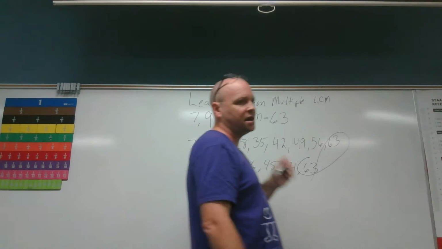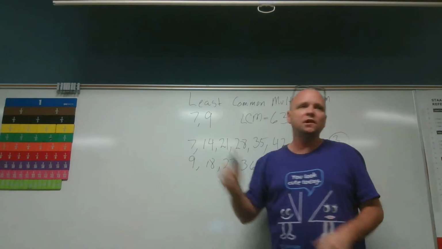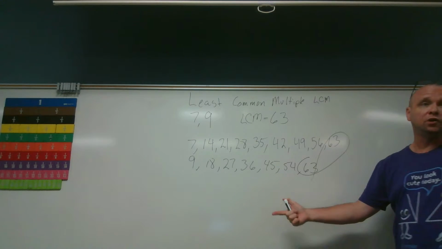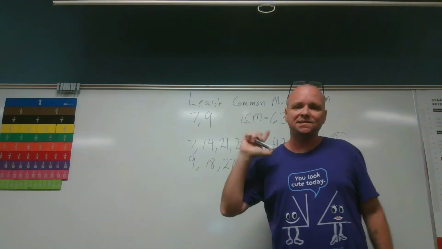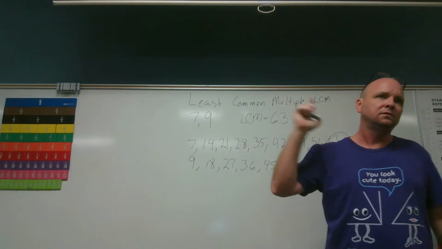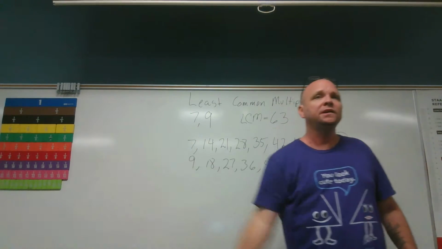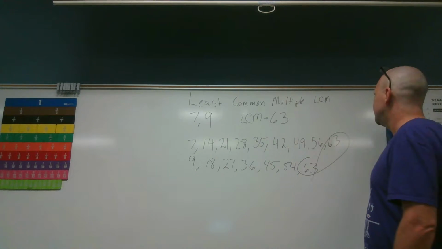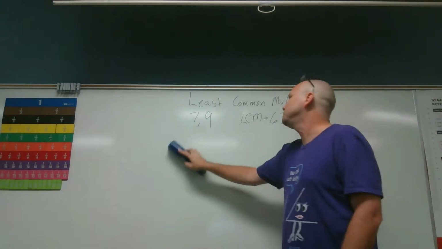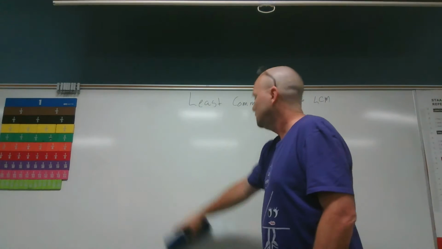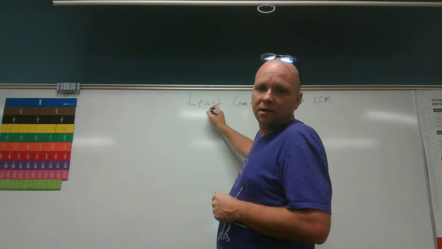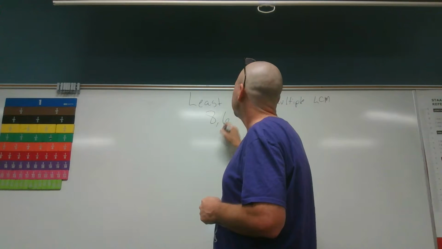For some of them, the least common multiple will just be the two numbers multiplied together. That will be a common multiple, but not always the least common multiple. For example, the next one. You can't just multiply 8 and 6 together and get the least common multiple. We have 8 and 6.